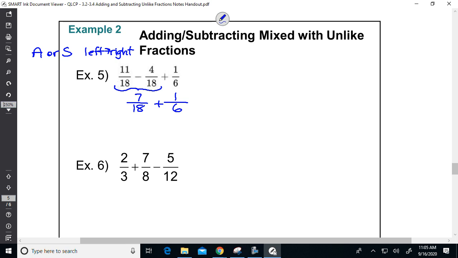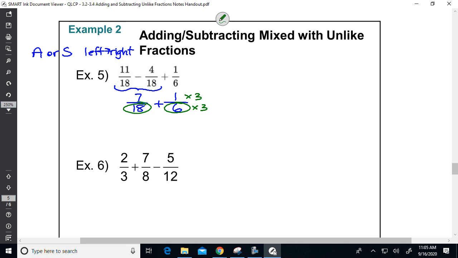The denominators are not the same, so we need to make them the same. Is there anything times 6 that will give me 18? 3.